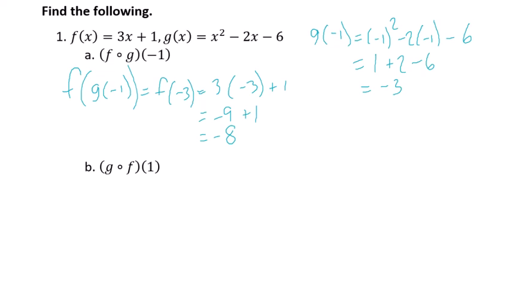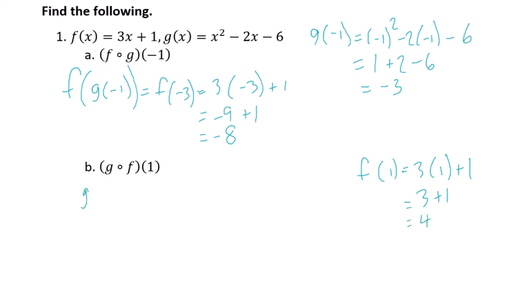All right, so now our next example here is g of f of 1. So we're going to first start out with f of 1, which is 3 times 1 plus 1. 3 plus 1 gives you 4.